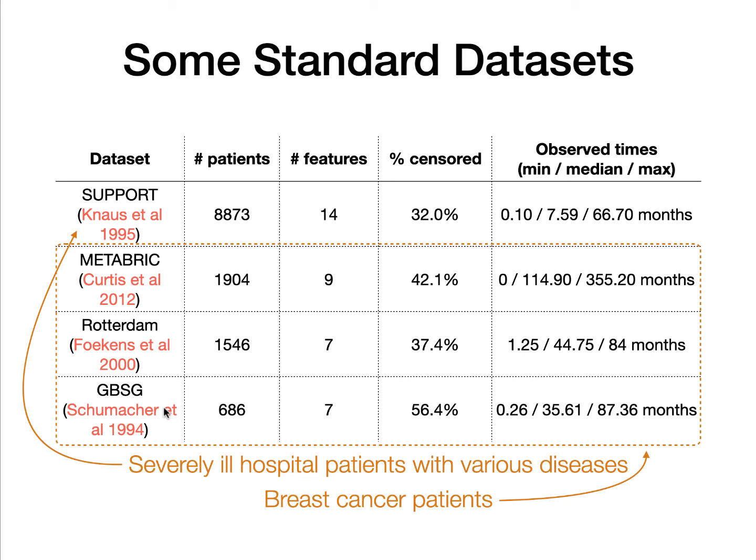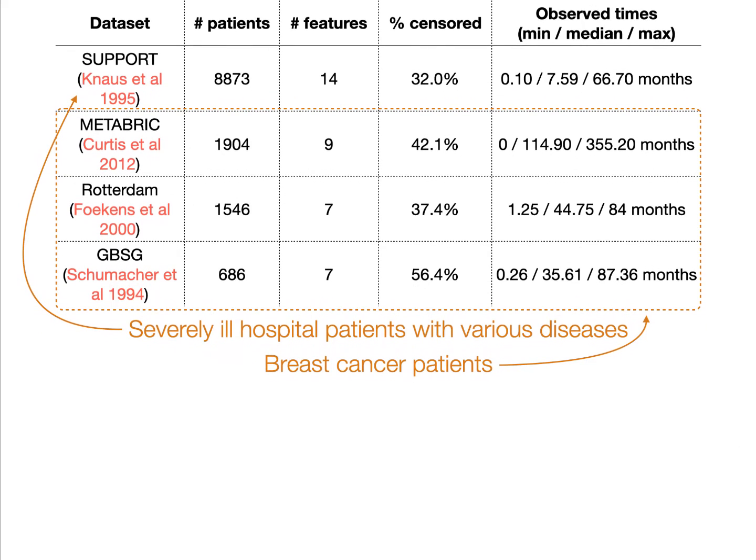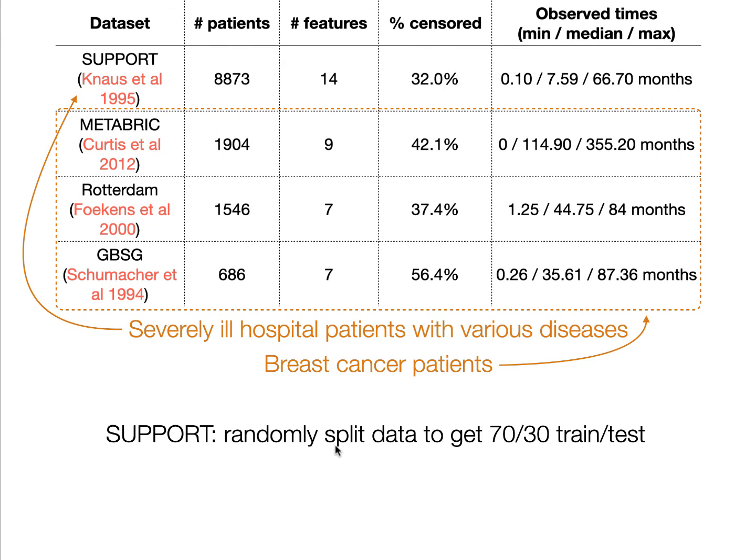For all 4 data sets, we're looking at predicting time until death. Okay, and then here you have, for example, the number of features, censoring rate, some basic statistics on the observed times. So for the support data set, the experimental results I'll show you, it's going to split the data into a random 70-30 train test split.